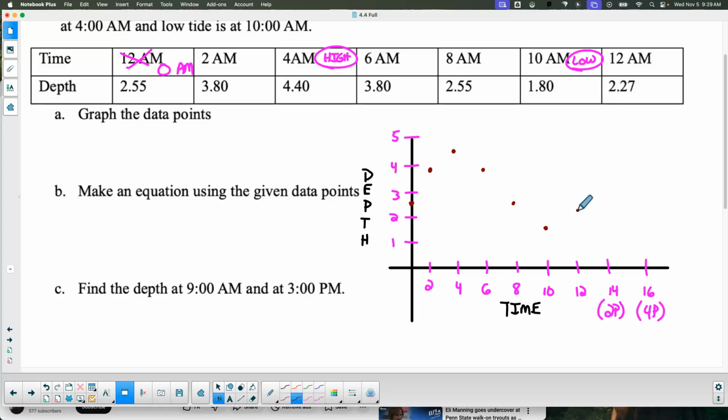We need the middle, right? And we need to know exactly where the middle is. Well, let's figure this stuff out. So my high is 4.4, yes? My low is 1.8. So where would my middle then be?